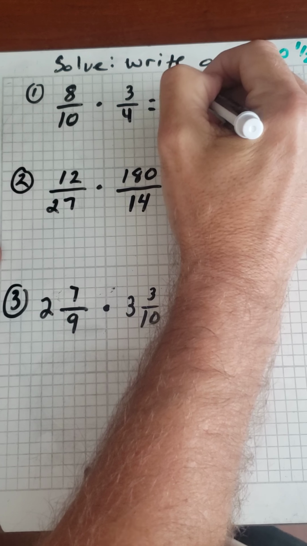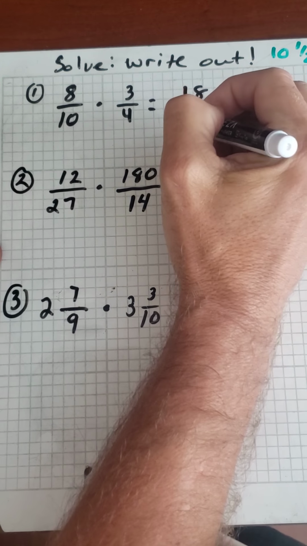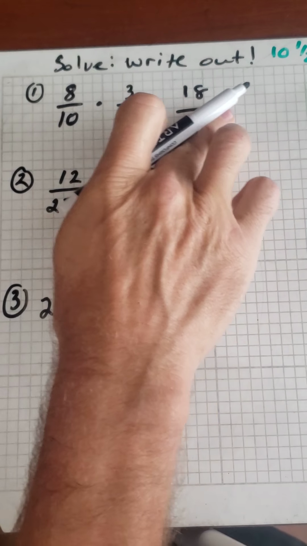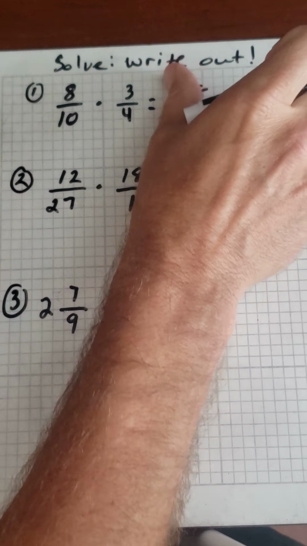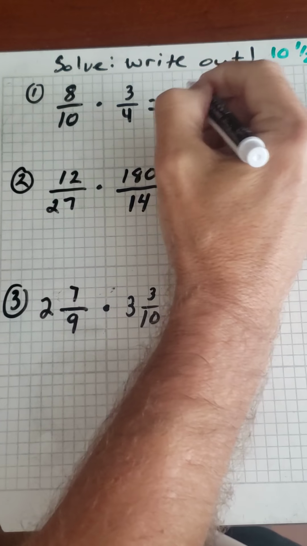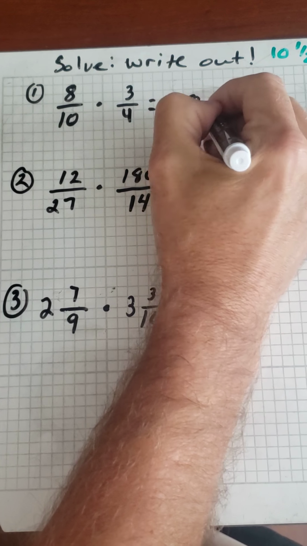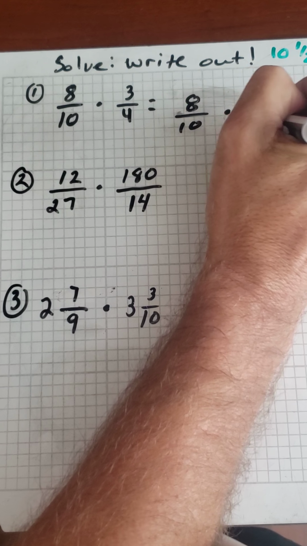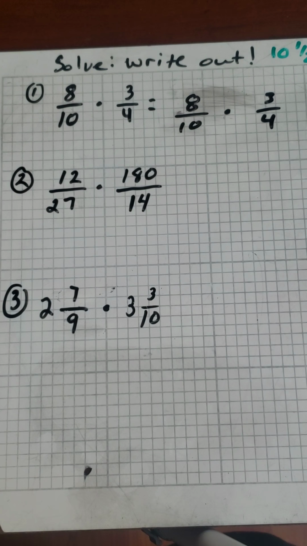I don't know why I didn't give myself more room. Okay, so I'm going to break it down into 8/10 times 3/4.